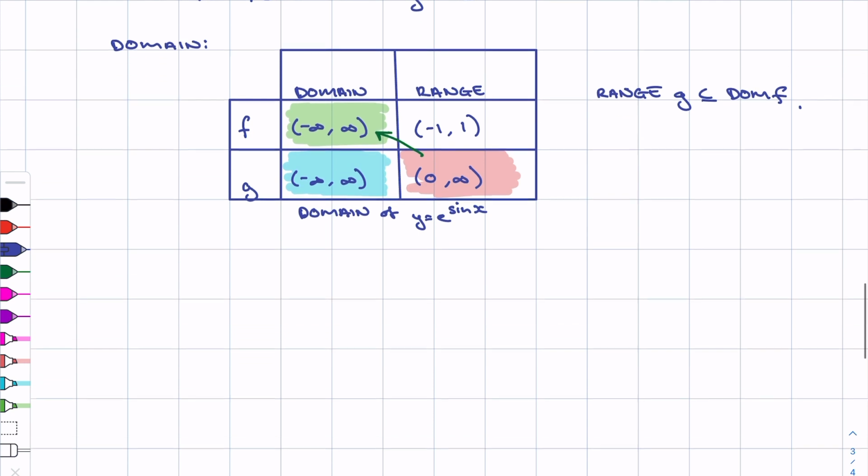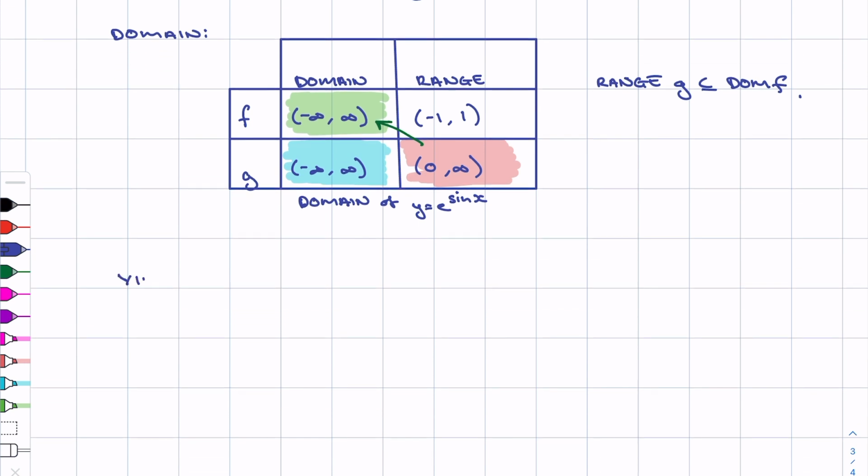Okay, let's have a look at our y-intercept. x equals 0, and what I'm going to have is y equals e to the sine 0. This equals e to the 0, which equals 1. Our x-intercepts, we're going to have y equals 0, and we're going to look at 0 equals e to the sine x.